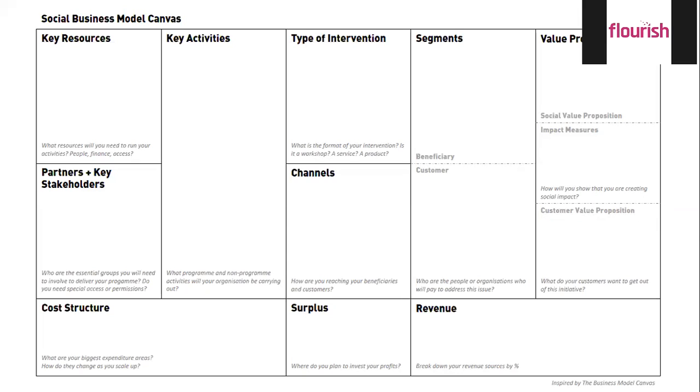Can somebody see beneficiaries or customers that I can't yet identify? Then, in asking questions of the people you're working with, you can start to piece together whether what you're offering them is of value, and is really benefiting them and creating impact in the areas where you want to have social impact.